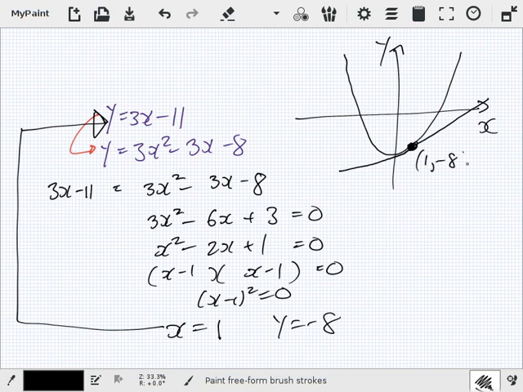I wonder if I can get a nicer one here. Let's see. Okay, if you can write that down. I'll just quickly flash up the nicer looking graph.